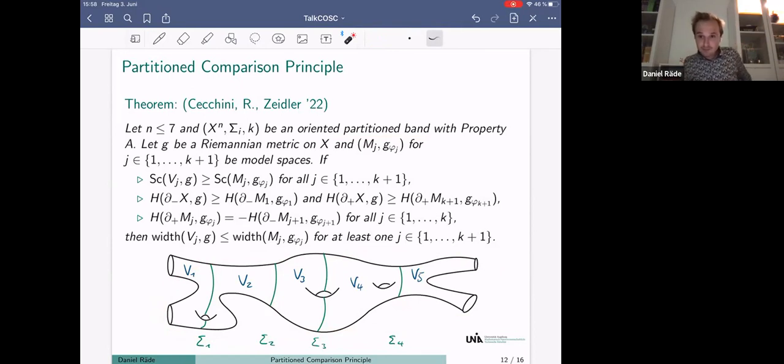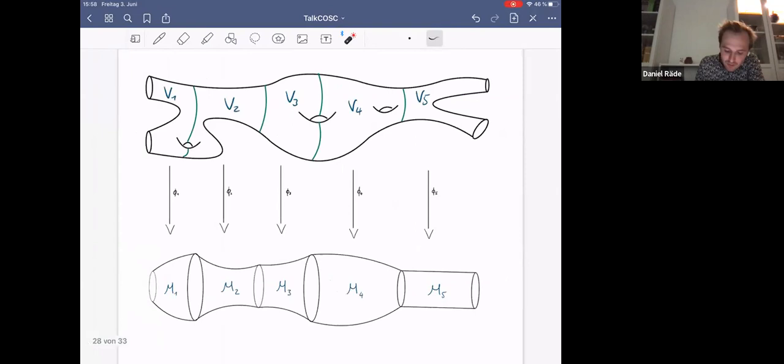For each of these segments, you compare the segment to a model space, in the way we did it before, and these model spaces you can glue together. Simone calls this Frankenstein's model space.